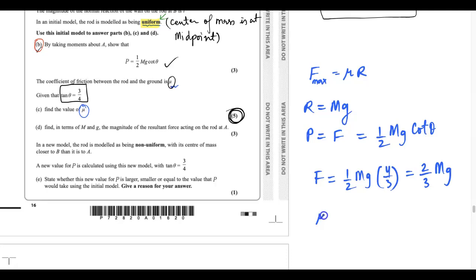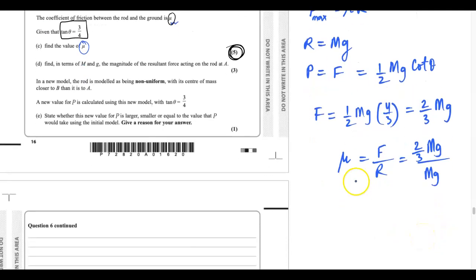Okay, to find out mu, we're going to be doing F over R, or F max over R, that is going to be the same thing, 2/3 of mg over mg. That is going to be giving you the value of 2/3.